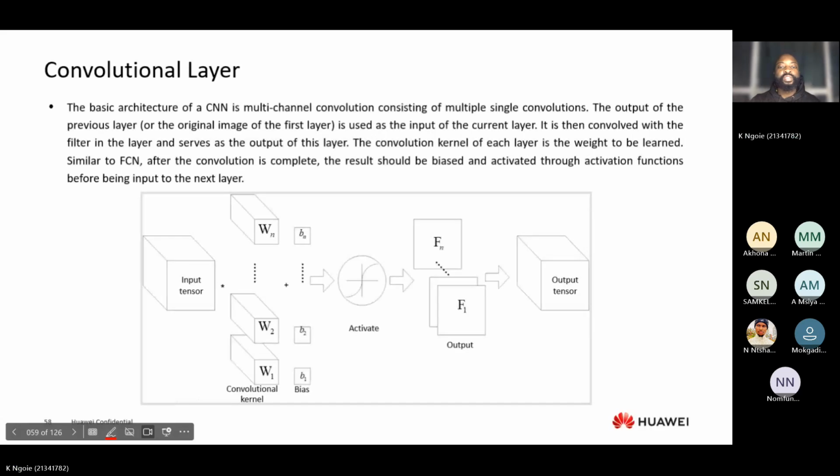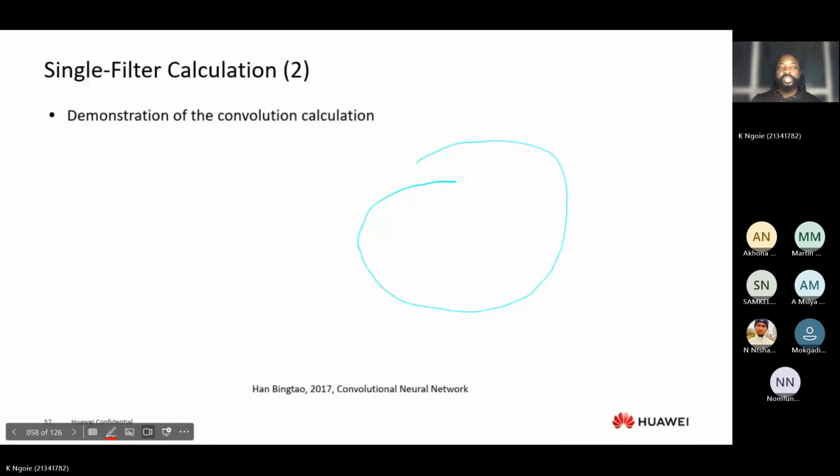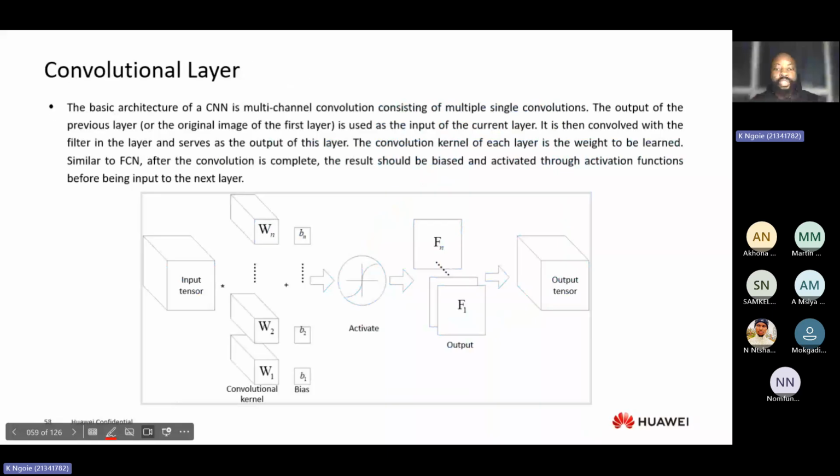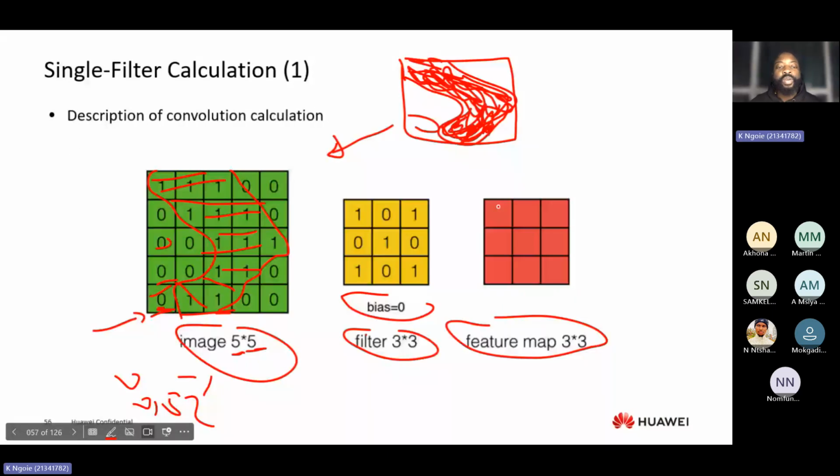Why is this thing not moving? Okay, I'm not sure why it's not moving, but let me just change the color.